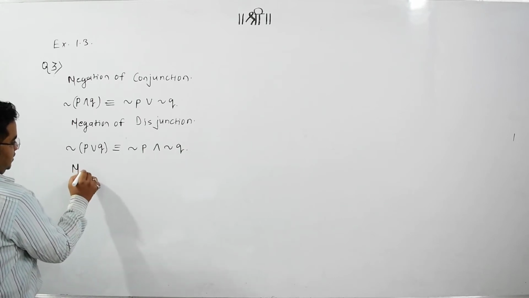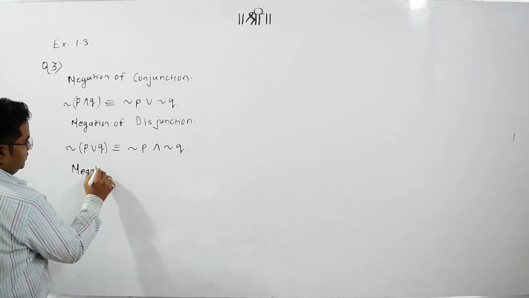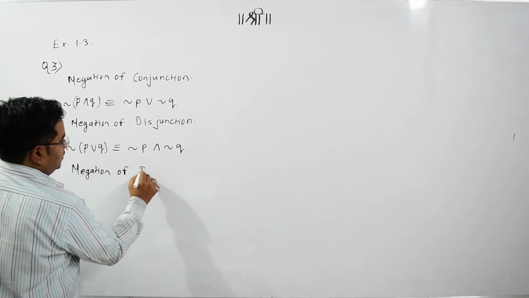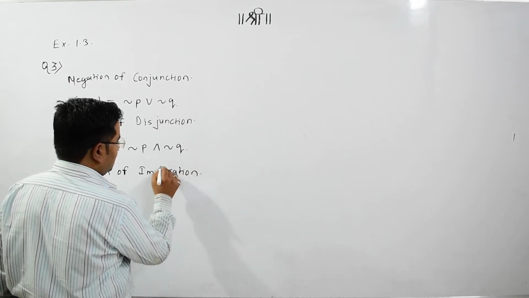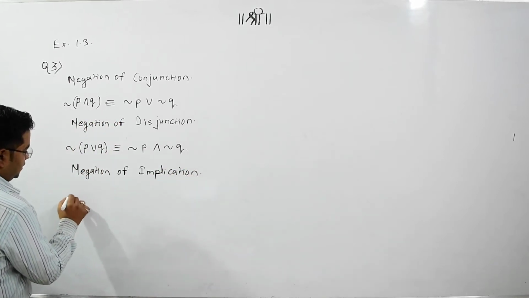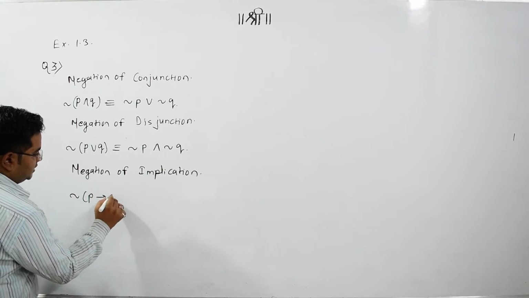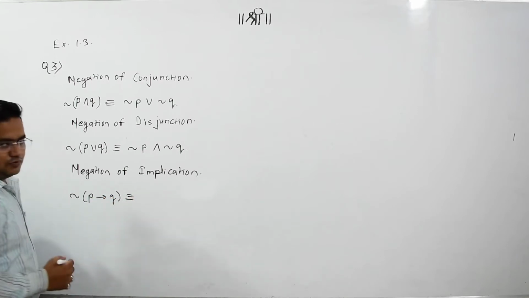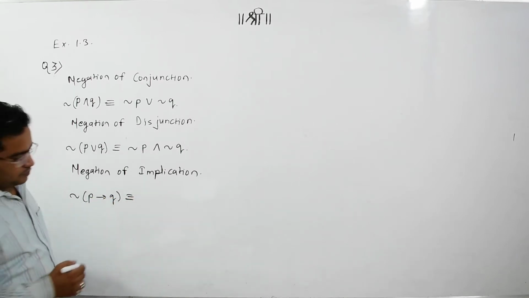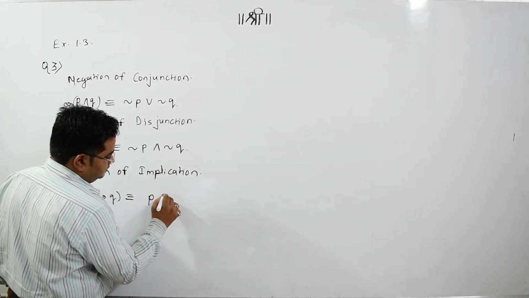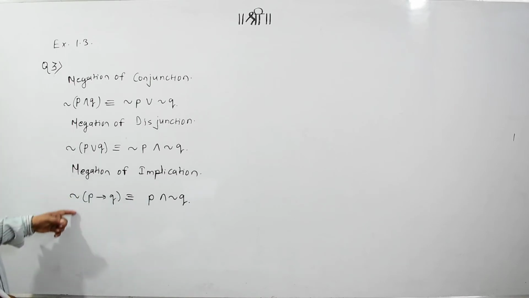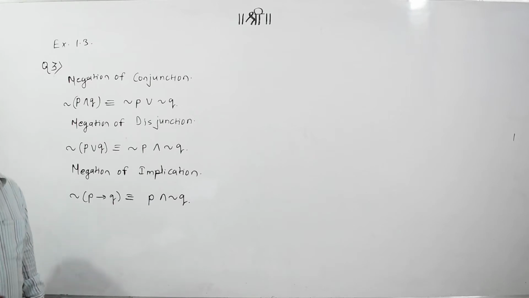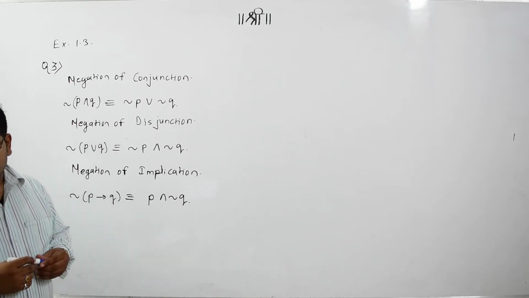Negation of P implies Q is equivalent to P and negation of Q. Okay, so I am giving you the shortcuts for this negation. These are well known as which law? De Morgan's law.